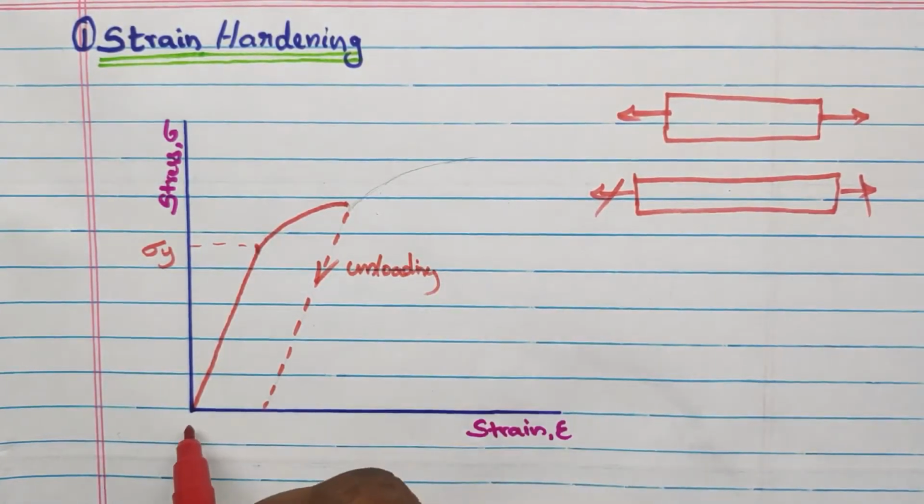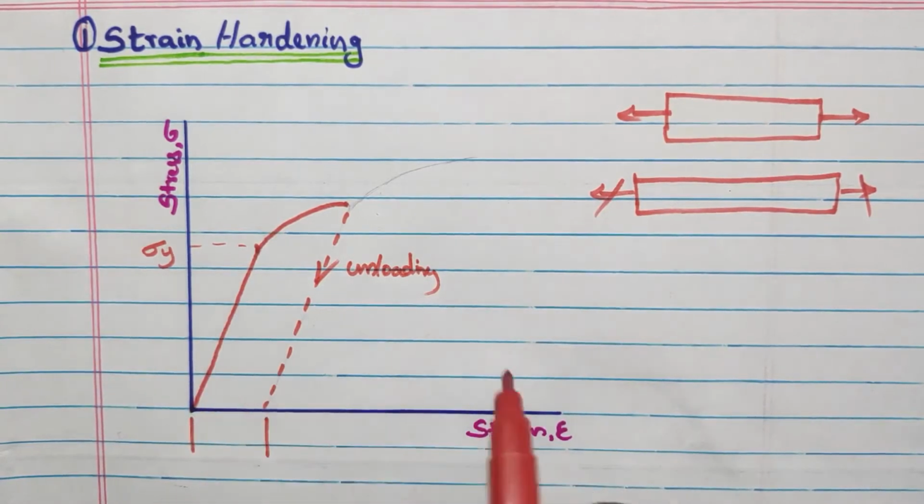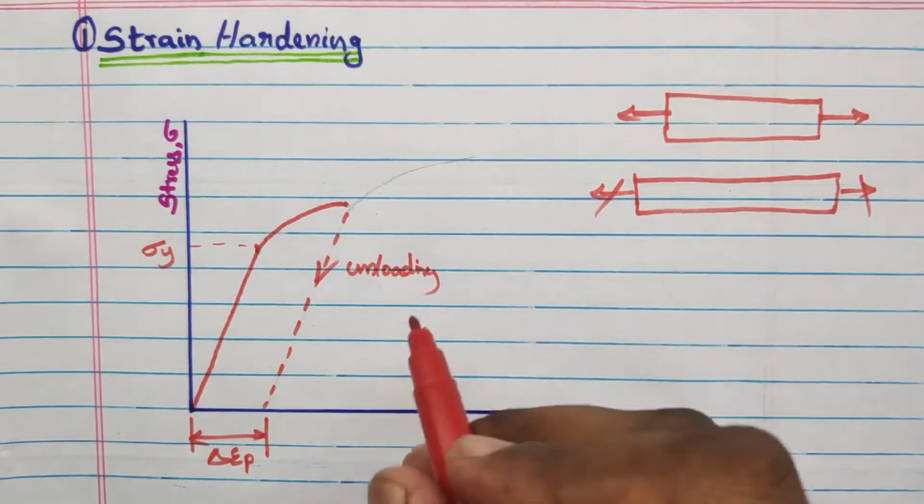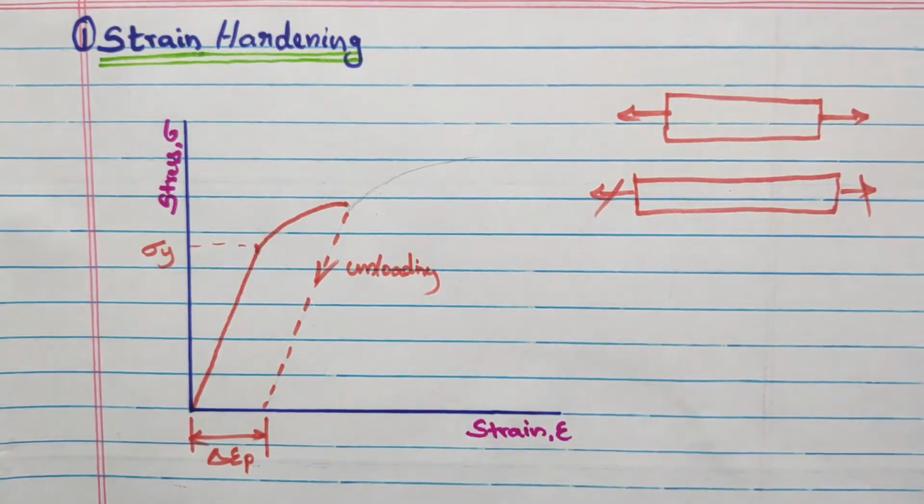From this stress strain diagram, it is evidently seen it is capturing the energy. I can say this is the plastic strain energy, captured when the material is unloaded.